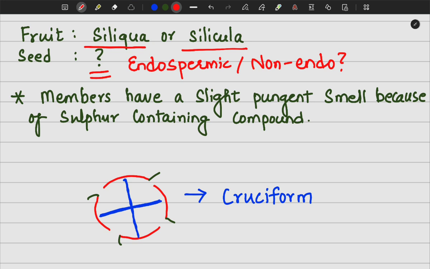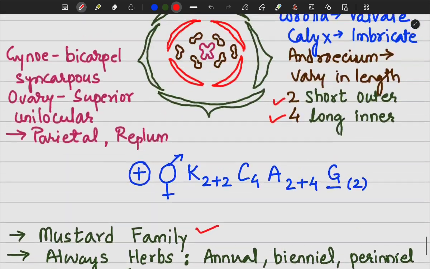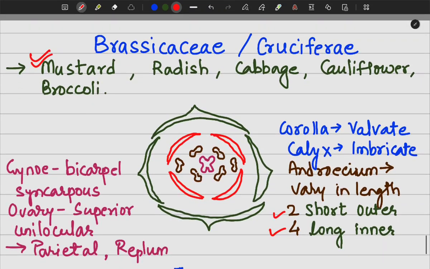Now the members of this family have a slight pungent smell. If you have ever encountered mustard oil, or tasted the other members, the examples we studied, like radish, cabbage, cauliflower or broccoli, they have a slight pungent smell or taste, right?